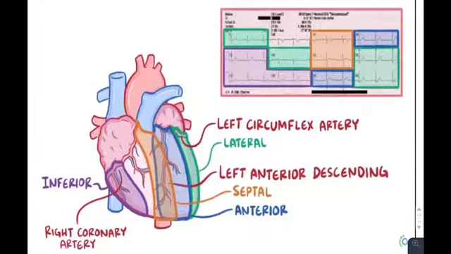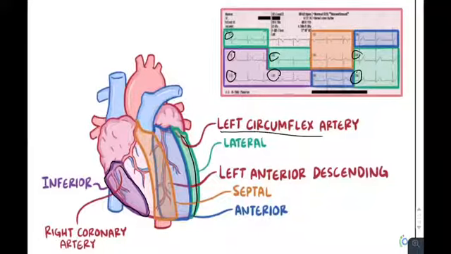Finally, we will talk about the location of the leads on the heart. First, leads 2 and 3 and AVF are located inferiorly on the heart, which is supplied by the right coronary artery. Lead 1 and AVL and V5 and V6 are located on the lateral wall of the heart, which is supplied by the left circumflex artery.